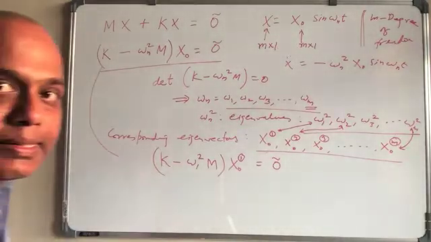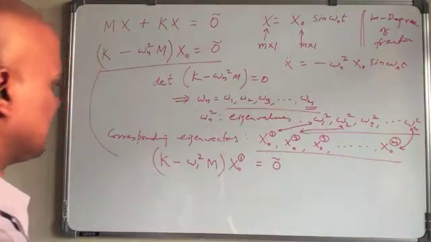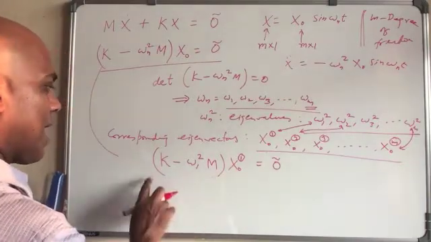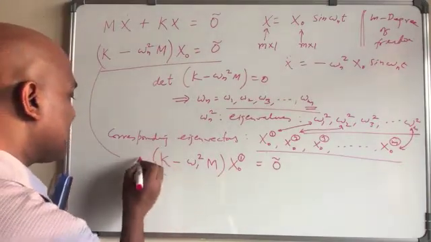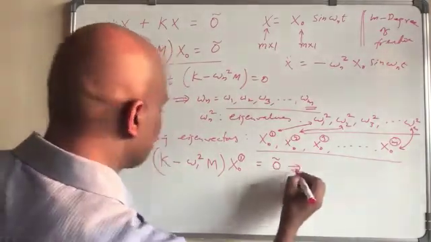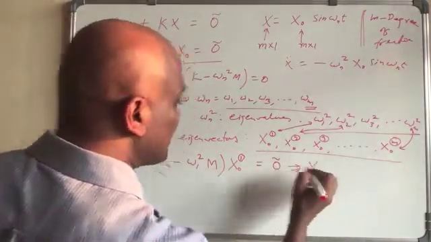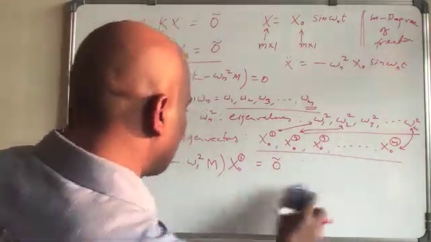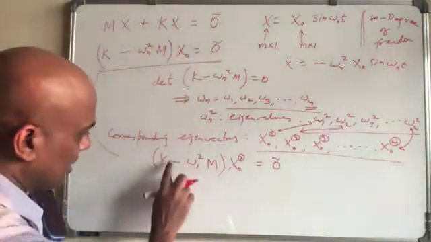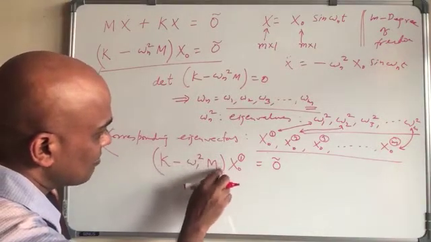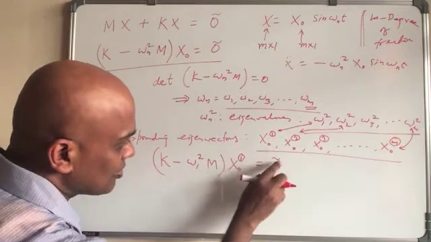So k minus omega 1 square m x naught 1 equal to 0.